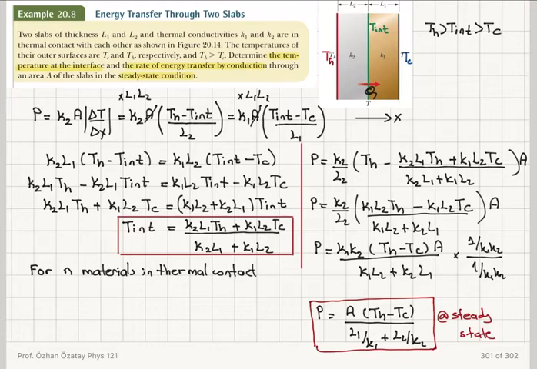The power is equal to area times (T hot minus T cold) divided by the sum over i, goes from 1 to n, over different materials, of their lengths Li divided by their thermal conductivities kappa i.